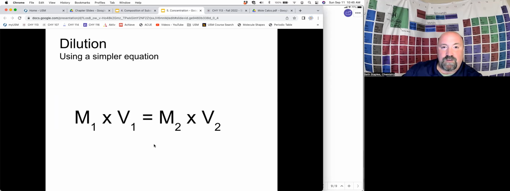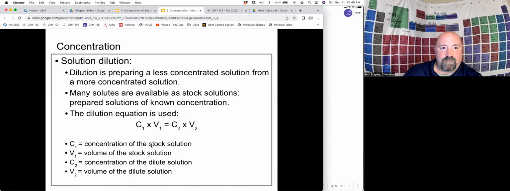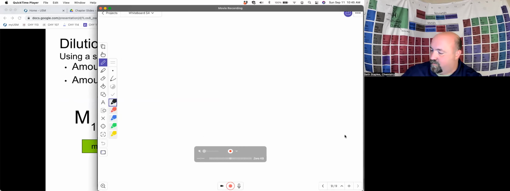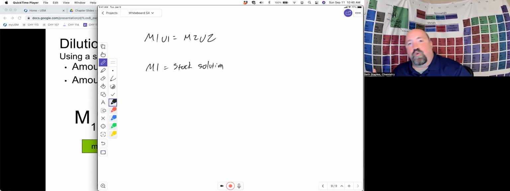M1V1 equals M2V2. Usually the way that these equations will be set up is that M1 will typically be the molarity of whatever your stock solution is, whatever solution you're using to make your desired solution.